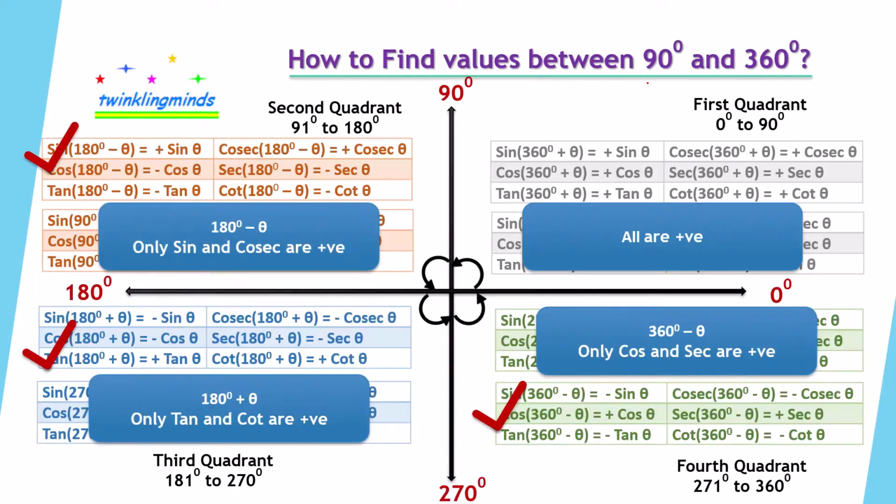Like this, if we remember these 7 points, we will be able to find values of the 6 trigonometric functions between 90 degrees and 360 degrees, and we will see how we are going to find the values with some examples now.